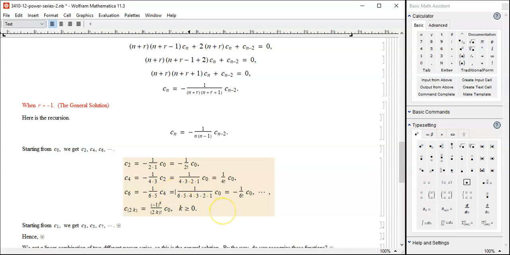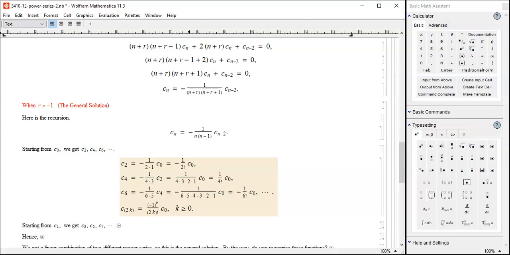And I forgot the negative sign. All right. So we can find out the pattern here. All the evens are there. And the denominator is factorials for the even numbers. And we have alternating sign, -1 to the k power.